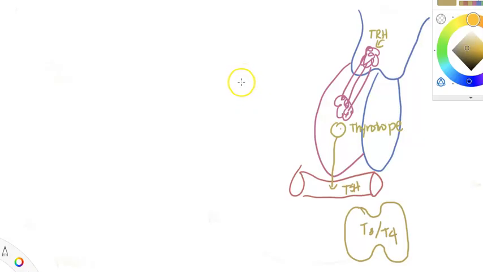Okay, so let's look at more of the tissue of the thyroid gland.